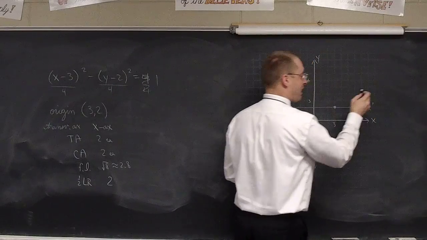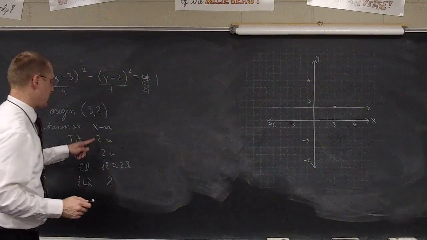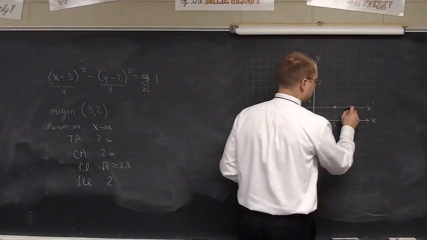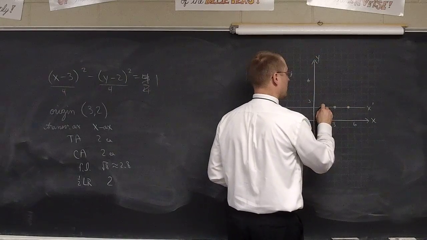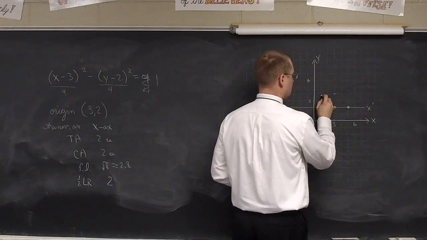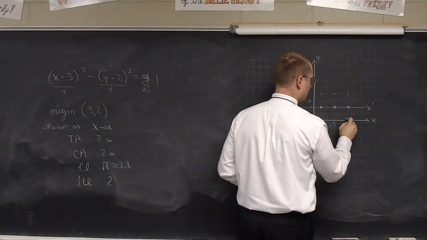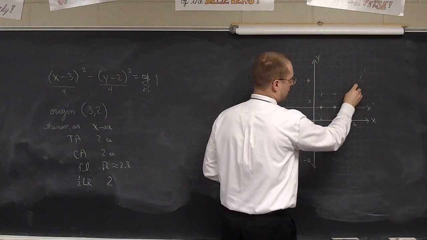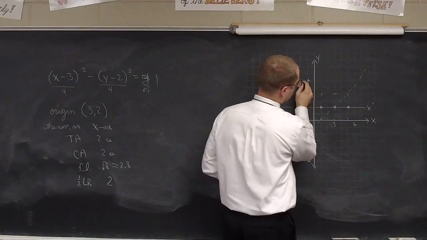A new x prime axis. Along the x prime axis, we'll go 2 in each direction to the vertices. Up and down 2 to get the corners of the rectangle. Asymptotes through.